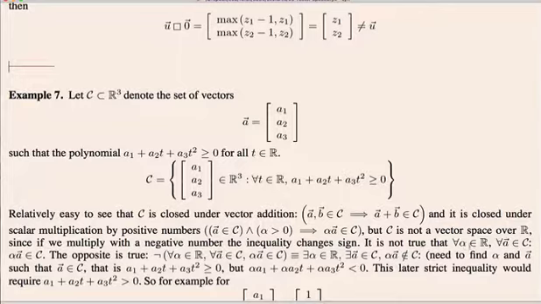That means it is not true that for all alpha real number and for all a vector, alpha times a is in this set C. In fact, the opposite is true.